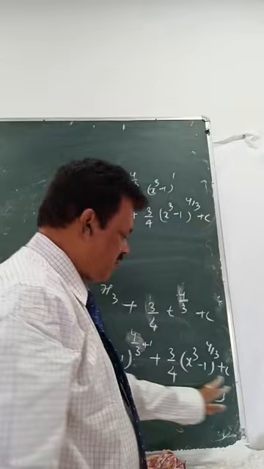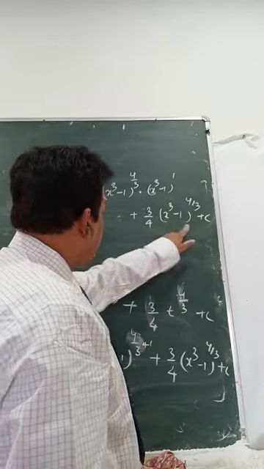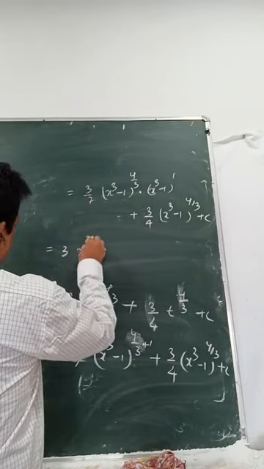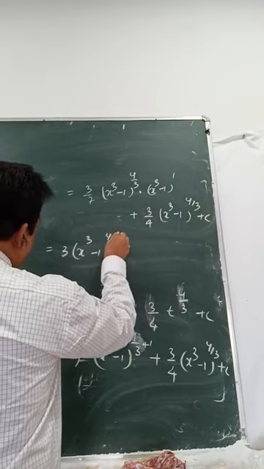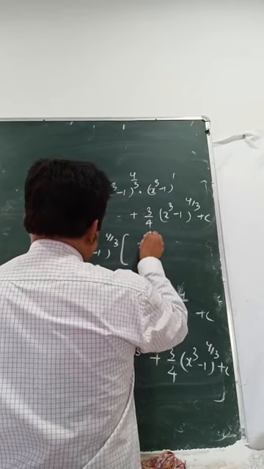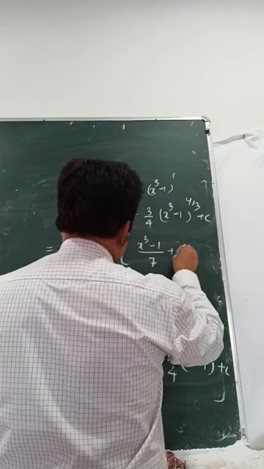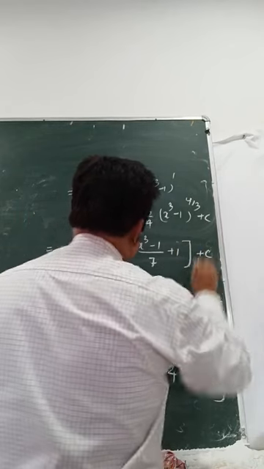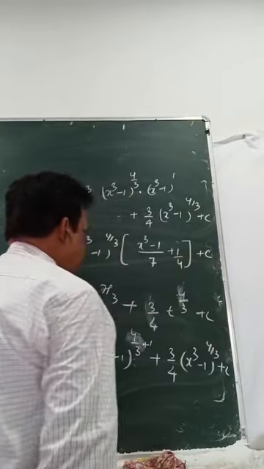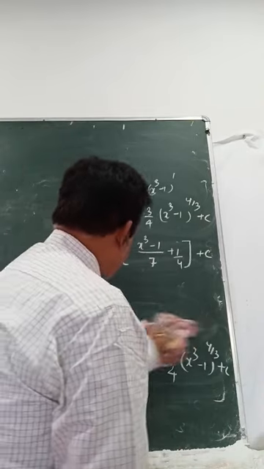You can leave it here, no problem. But if you want to write one more line, because 3 will be common here, I can take out 3 x cube minus 1 power 4 by 3. Then here I will get x cube minus 1 by 7. This is gone, plus 1. Okay. So 1 by 4. So if you take LCM, how much will you get? 28.